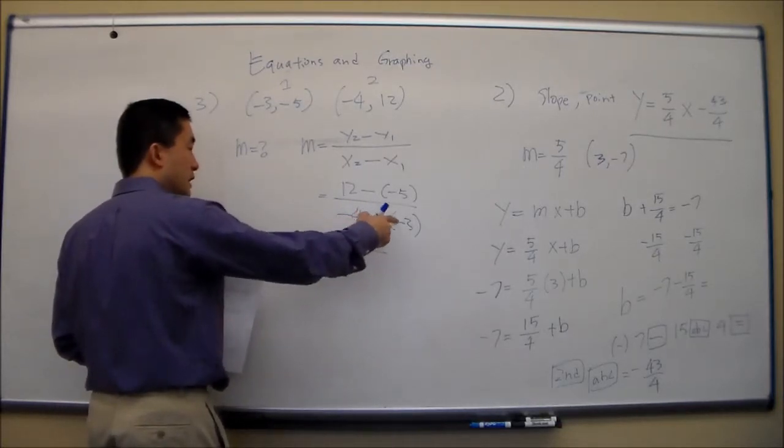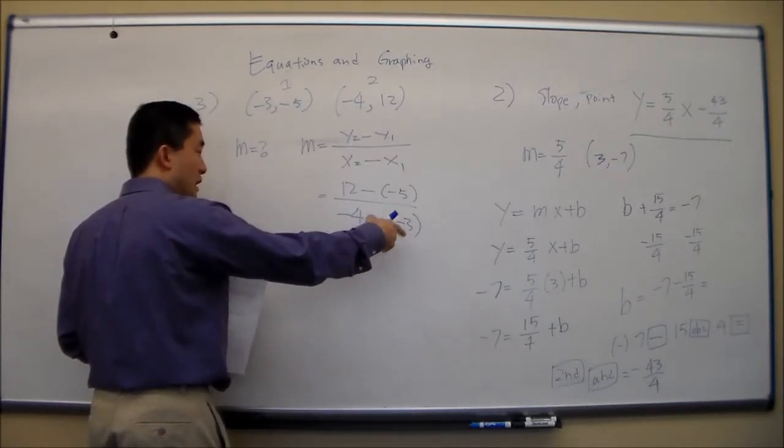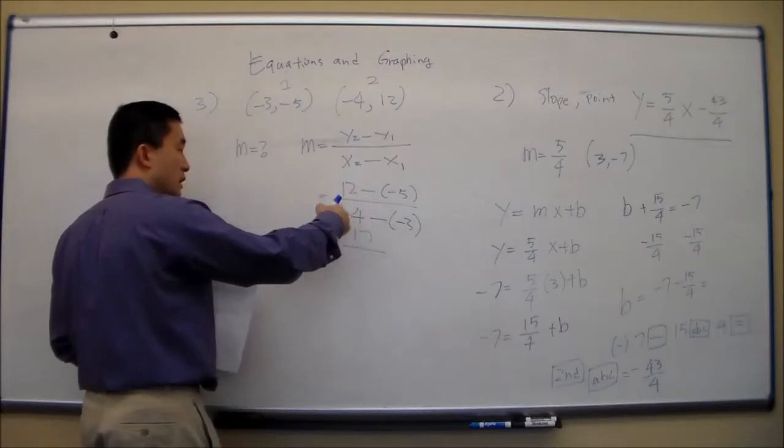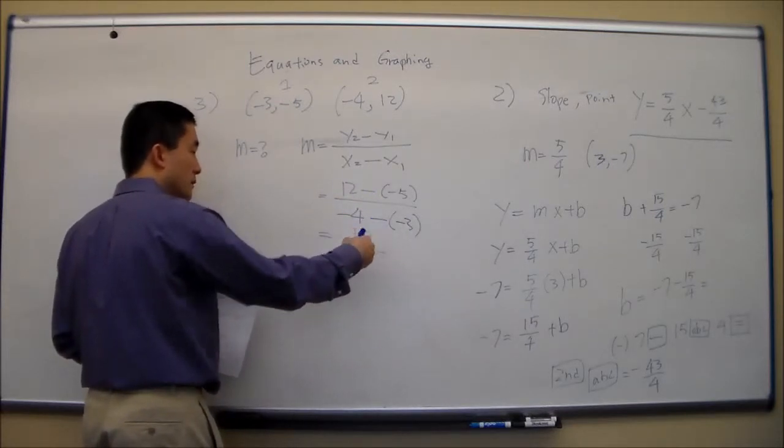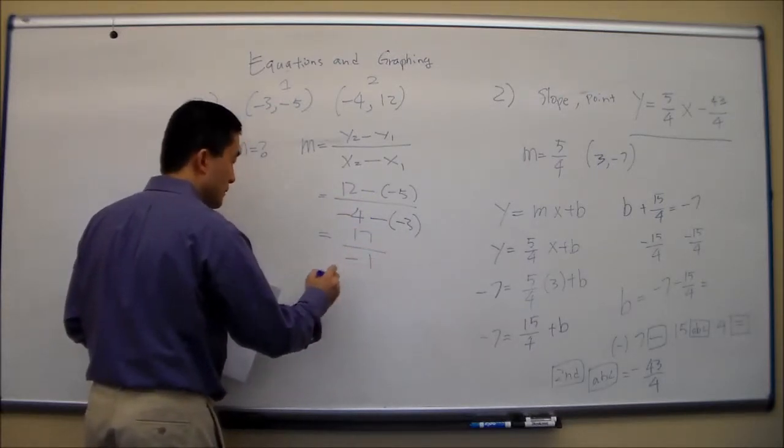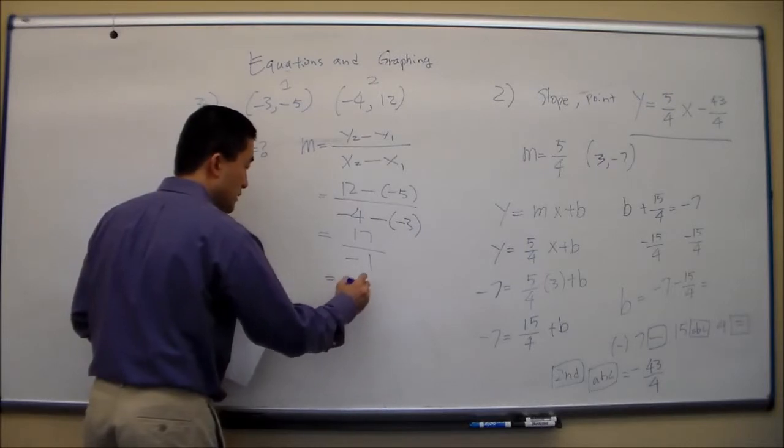Negative 4 minus negative 3, double negative, make it a positive, so negative 4 plus 3, negative 1. So the slope is negative 17.